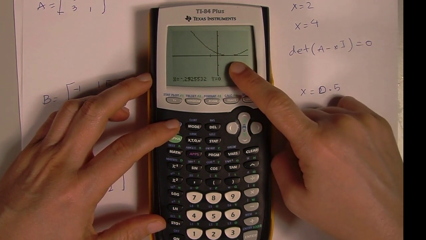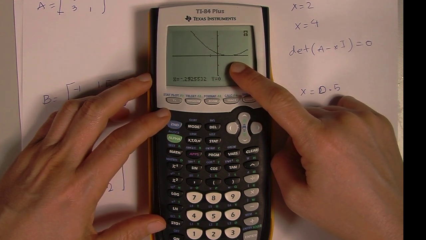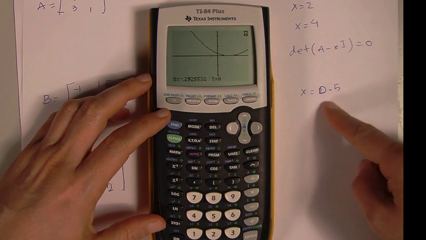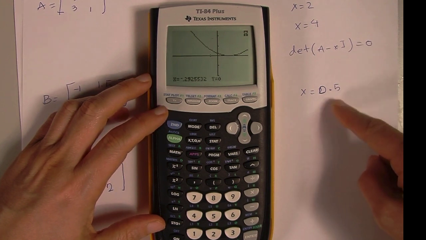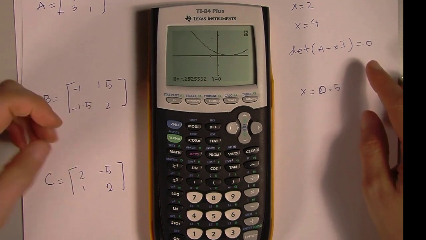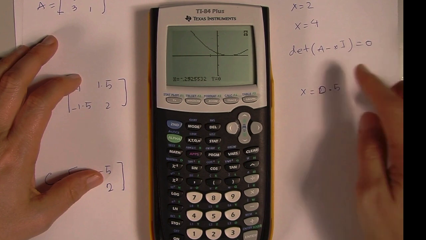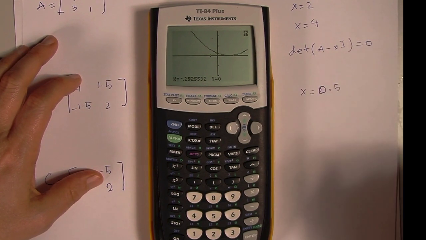And I see that the graph is actually tangent to the x-axis. So x equal to 0.5 is actually a root of multiplicity 2 for the polynomial, the determinant polynomial.